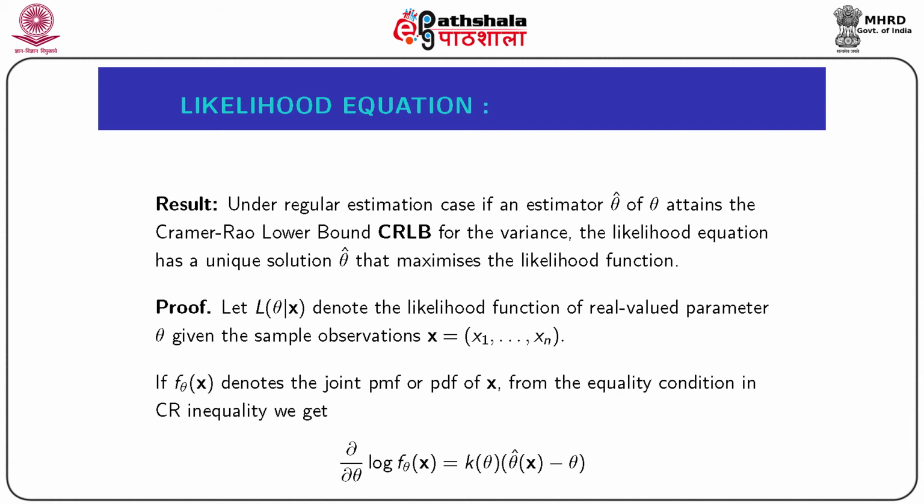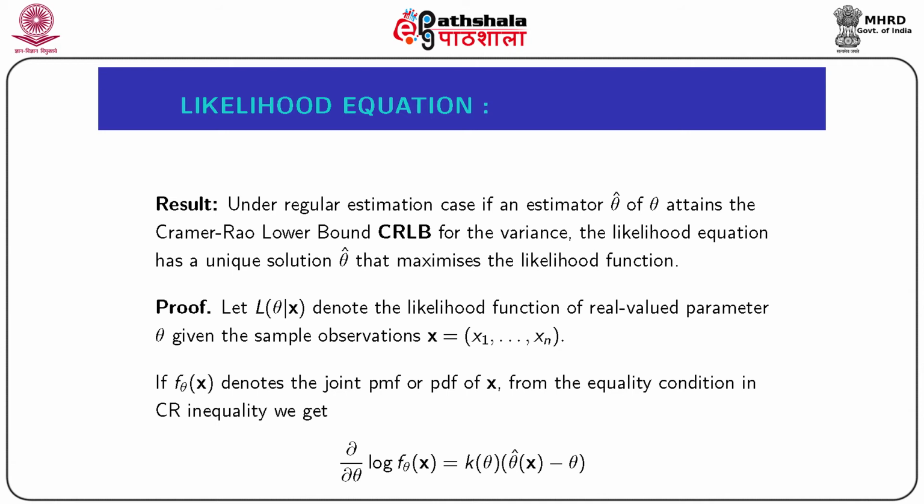As a proof, let L(θ) denote the likelihood function of the real valued parameter θ given the sample observations x = (x1, x2, ..., xn). Now, if f_θ(x) denotes the joint PMF or PDF of the sample observation vector x, from the equality condition in the Cramer-Rao inequality, we can get that the partial first order derivative of log f_θ(x) with respect to θ is equal to some function k(θ) times (θ hat minus θ).